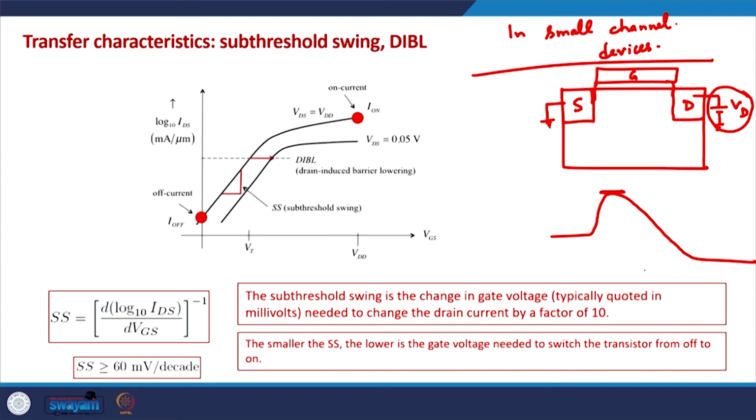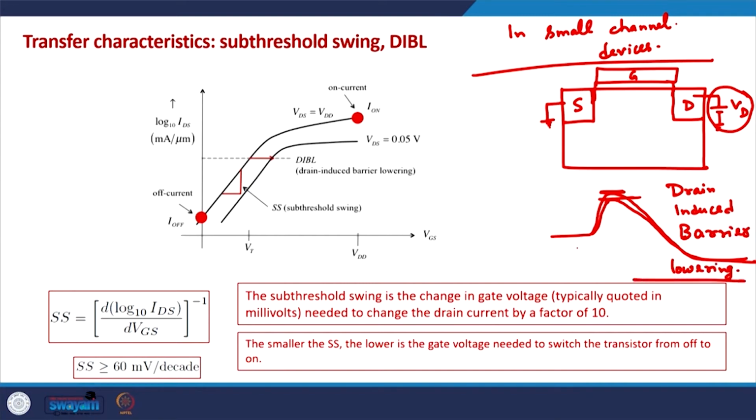Okay. But nowadays in short channel devices, because of the drain voltage, even this barrier is changed, this is no longer shielded, and this is how it looks like in short channel devices, and this phenomenon is known as drain induced barrier lowering, DIBL.